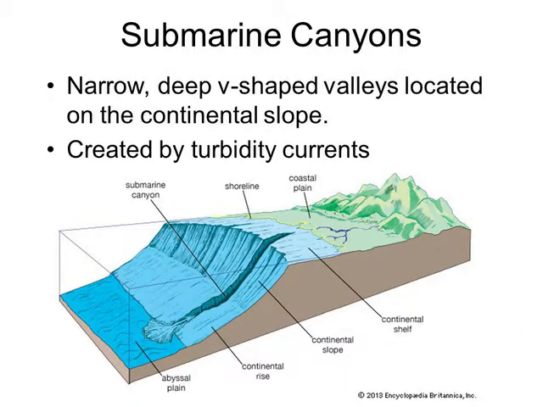So you'll see submarine canyons. These are very deep V-shaped valleys in the continental slope, and this allows for turbidity currents to bring material down into the abyssal plain really quickly. This material flows very quickly, and it creates at the bottom that fan shape, which is known as a turbidity fan.